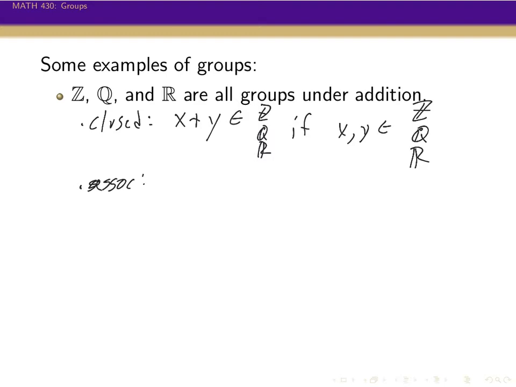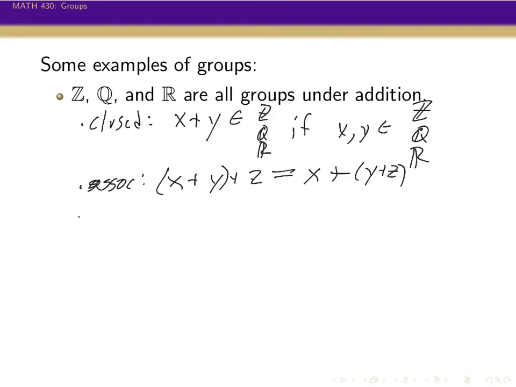Associative, so that's saying if I do x plus y plus z, I can do x plus y and then add z to that, and I'm going to get the same thing as if I do x plus the quantity y plus z.